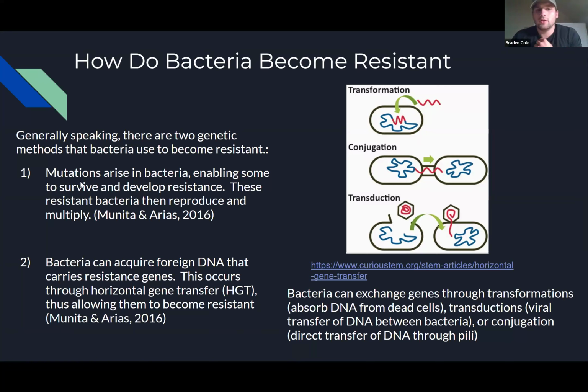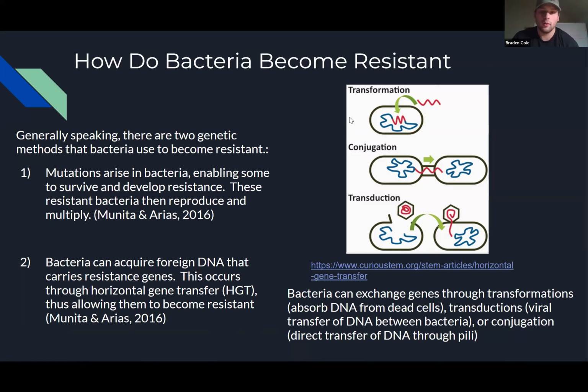The first method is that mutations arise in bacteria, which enables some of them to survive and thus develop resistance. These resistant bacteria then reproduce and multiply, creating more resistant bacteria. The second method is that bacteria can acquire foreign DNA that carries resistance genes, through something called horizontal gene transfer, or HGT, and this allows them to become resistant.